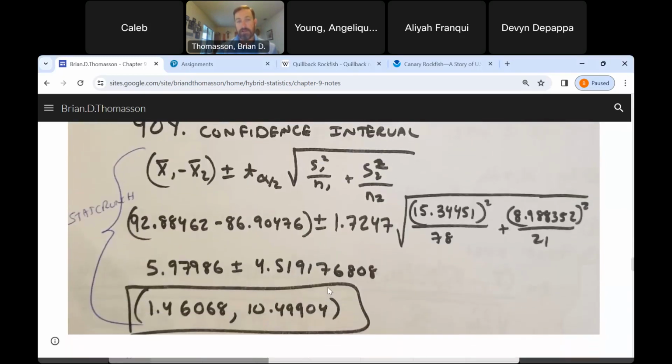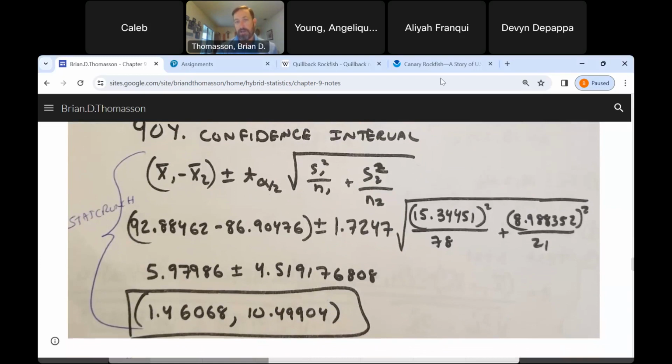So to build a 90% confidence interval, I've done this by hand. I do not recommend this. So here's the difference between the two IQ scores. And then we add and subtract our two standard errors. And we get this range from 1.4 to 10.4. So what that's saying is the group that has low lead levels in their blood have IQ scores that are higher by 1.4 to 10.4 IQ points.